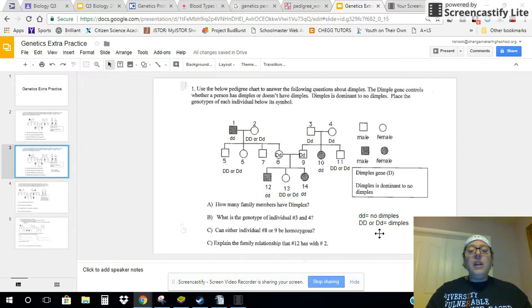And you can't really know what an individual has until you look at their children. So when we go up to the top on the left at individual 1, we see that they're shaded, which means that they do not have dimples. Remember, in this particular pedigree, the recessive trait is shaded. So they do not have dimples.